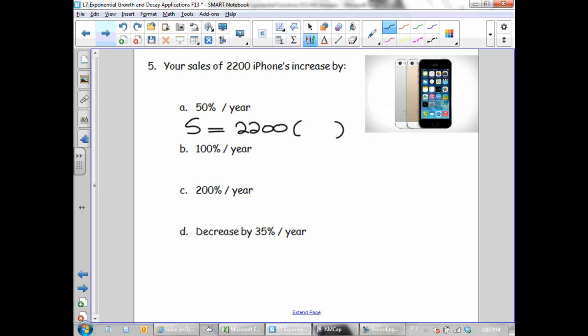Remember, you always start with 100%. So what goes in the bracket? You're going to increase. So increase is a word that means add. So basically you're going to do 100.